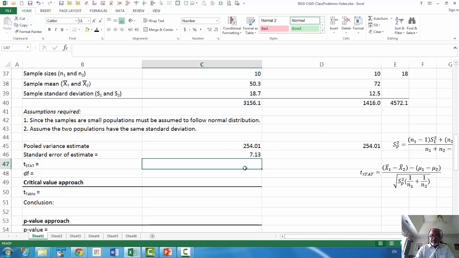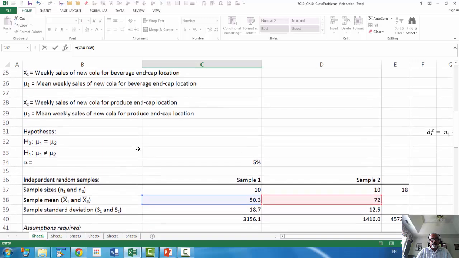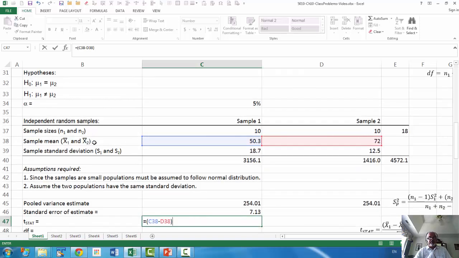So then T stat is x bar sub 1 minus x bar sub 2. Okay, now we need to subtract the hypothesized value for that difference. What is the value of the difference in the hypothesis? So the value of the difference in the hypothesis is 0.